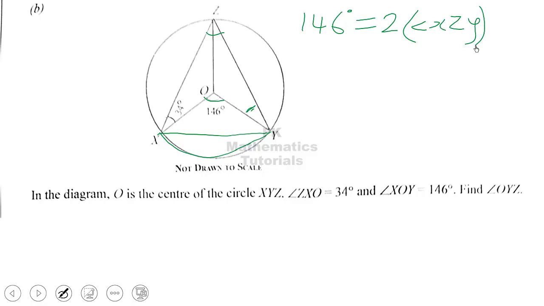Now, it means that the angle at the circumference is half of the angle at the center. That is another way of saying it. So half of 146 degrees is equal to 73.